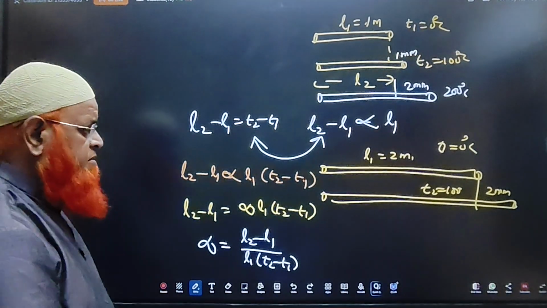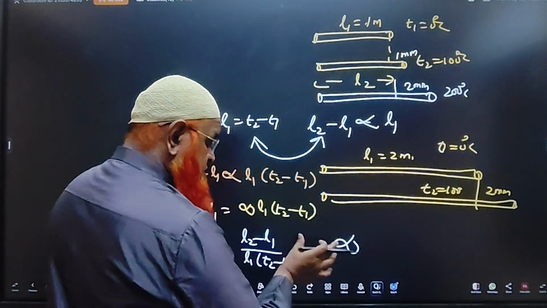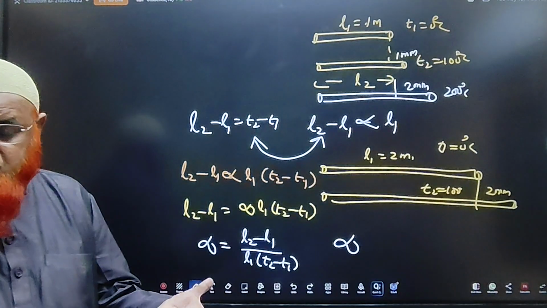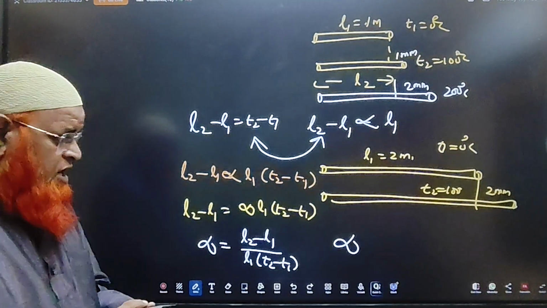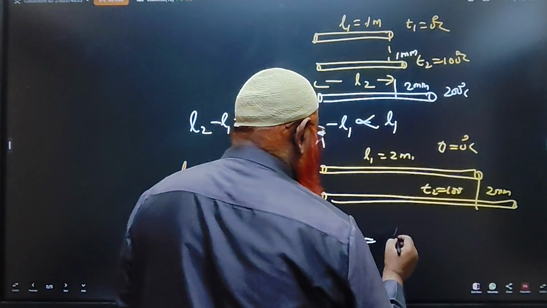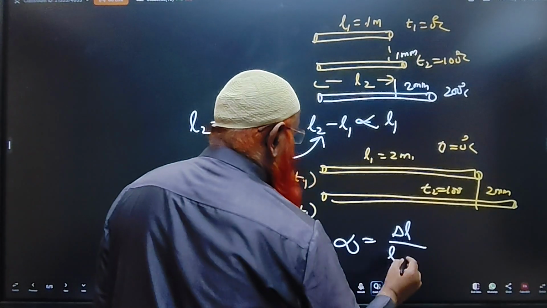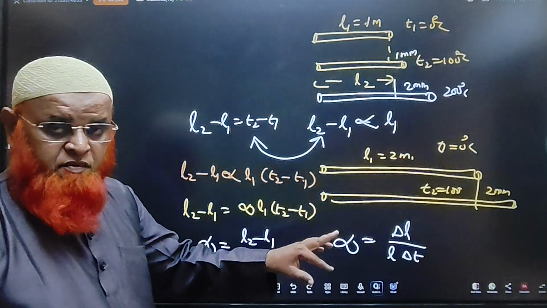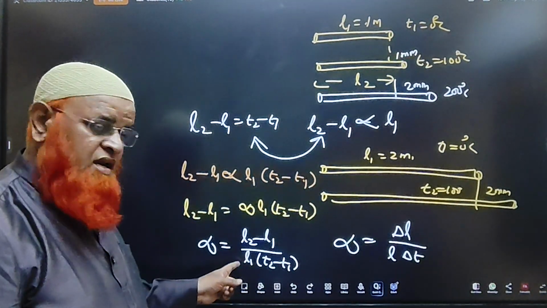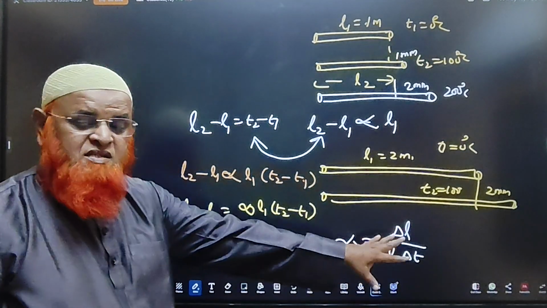What is this alpha? The coefficient of expansion, which is present in the heat chapter, where alpha is equal to the increase in length divided by the actual length into the rise in temperature. Delta L is nothing but L2 minus L1, L is the original length, and T2 minus T1 is written as delta T.